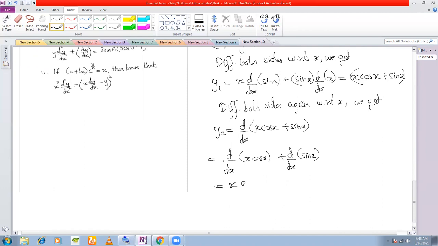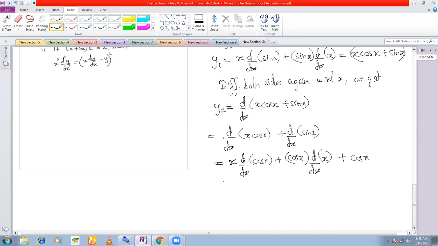So you have x d dx of cos x plus cos x d dx of x, plus d dx of sin x is cos x. You get d dx of cos x is minus sin x. So you get minus x sin x plus cos x plus cos x. So your answer is 2 cos x minus x sin x. Okay. So that is d2y dx2. Fine. So I'll stop here.